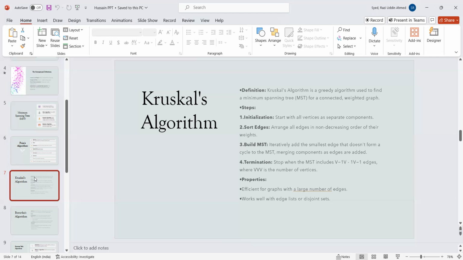Start with all vertices as separate components and arrange all the edges in non-decreasing order of weight. Building the MST means iteratively adding the smallest edge that doesn't form a cycle in the MST, merging components as edges are added. It is efficient for graphs with a large number of edges, and it also works well with an edge list and disjoint sets. This is the Kruskal's algorithm definition.